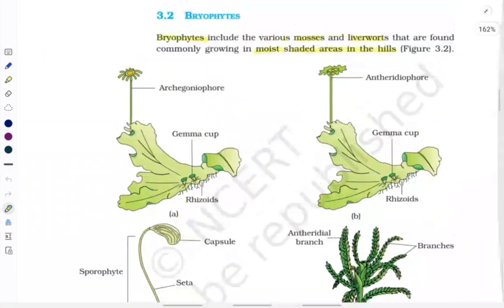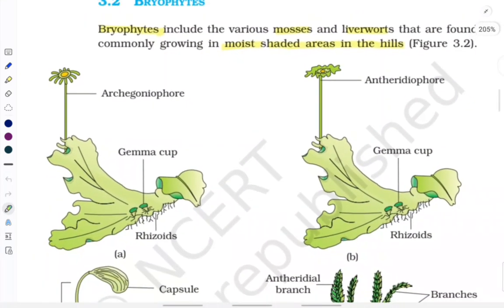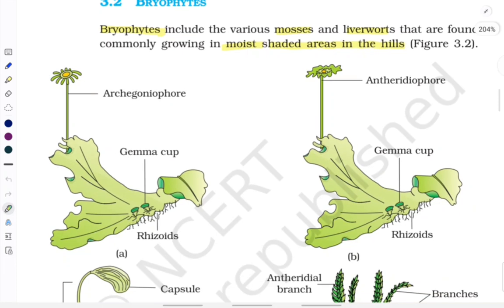Let's look at them in a zoomed manner. If we look at the Marchantia which has the female organ, you'd see that the flower-like structure is more organized and pretty. That's how I remember it: it is female Marchantia, and therefore it is archegoniophore, whereas the other one is antheridiophore.